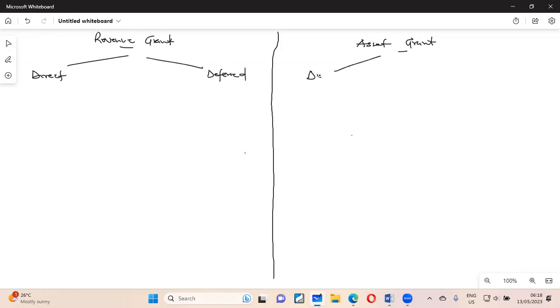Direct, deferred. Okay, so let's use this example. You are given a grant of 100,000.